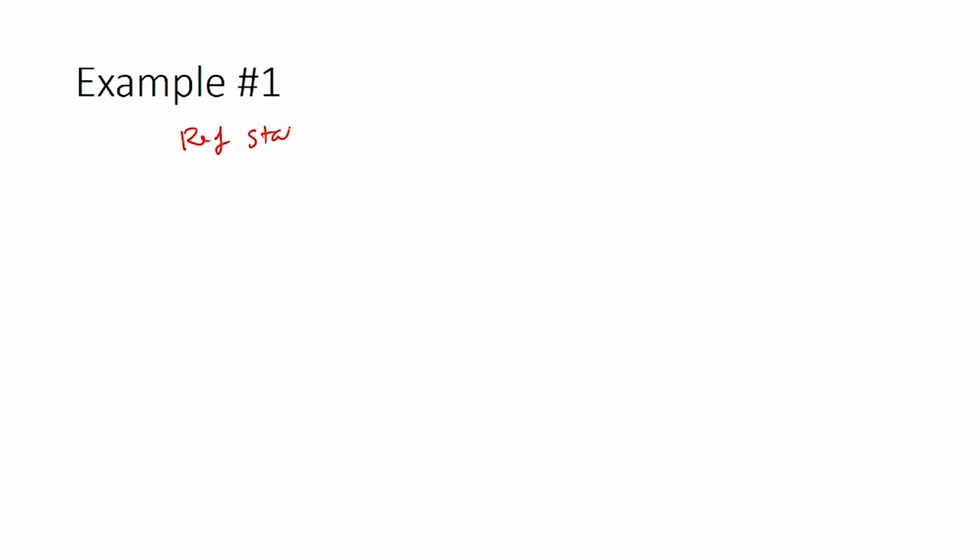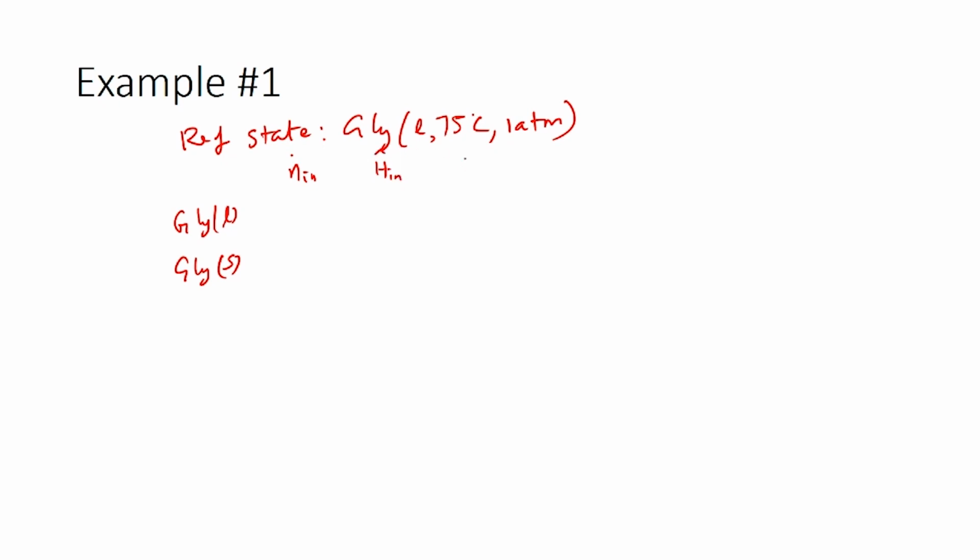So, the reference state for this problem is glycerol liquid at 75 degrees Celsius and 1 atmosphere. The components which are involved in this system are glycerol liquid and glycerol solid. As I mentioned, we have to list the different phases separately. So, you would have N dot in as the molar flow rate for the inlet, H cap in, N dot out, and H cap out.